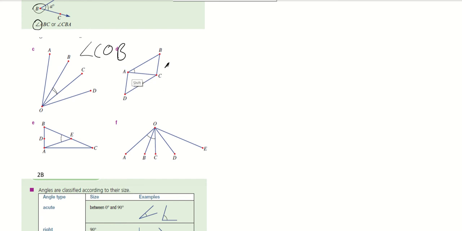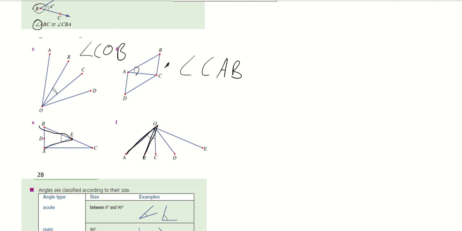This one here is angle BAC or CAB, again with the angle symbol, because again, the vertex is in the middle. This is angle BEA or AEB. This is AOB or BOA, and you see the way I'm drawing it there.